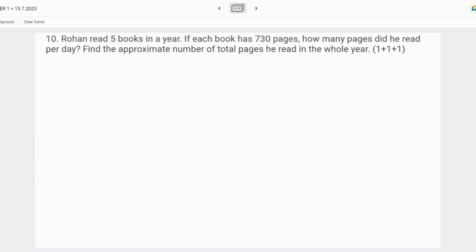Now question number 10. This one I have tried to pack this question up with all types of operations. Rohan read 5 books in a year, and in each book there were 730 pages. This is a word problem, so we will need to write statements.